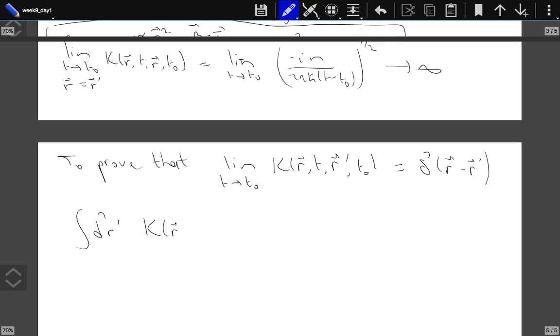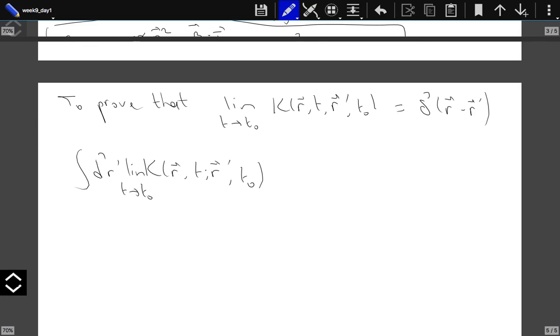Let's just evaluate this integral in the limit as t goes to t0. If this is a Dirac delta function, then it should be just 1. If it is not 1, it just gives us the overall prefactor to the Dirac delta function.